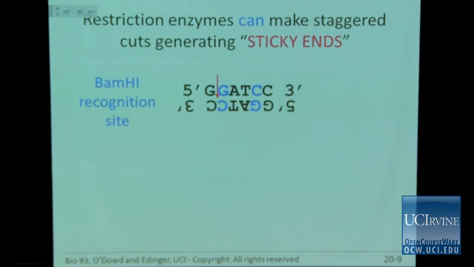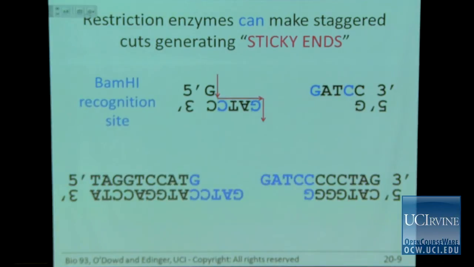It cuts in a very similar way, but it will cut between these two Gs, and then again, between these two Gs here. And with just the hydrogen bonds holding it together, eventually these guys will drift apart. And just as before, these sticky ends can be on the ends of a big piece of DNA because these are endonucleases that can cut in the middle.